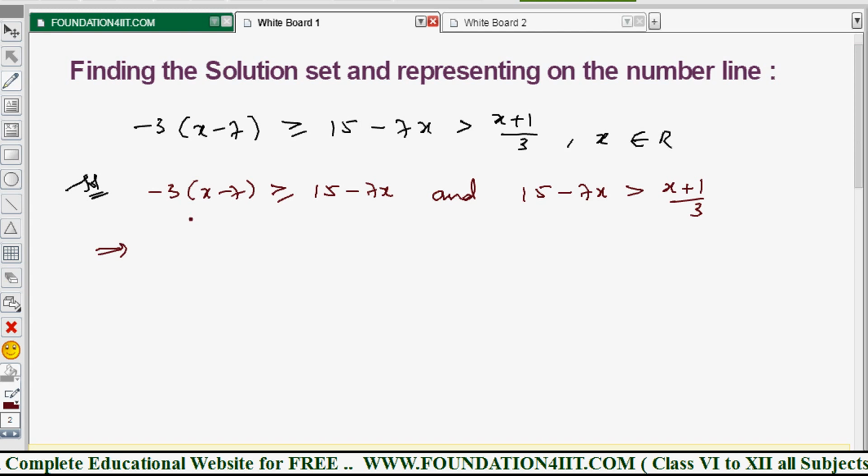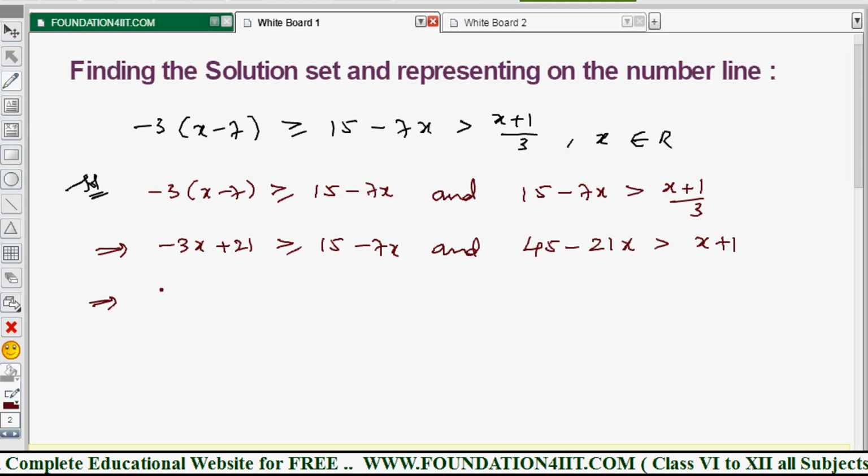To simplify the LHS of the first inequation, that is minus 3x plus 21, minus into minus is plus, greater than or equal to 15 minus 7x. And from this, 3 is dividing, so take it to the left side, where it multiplies. So 3 into 15 is 45 minus 7 times 3, that is 21x, greater than x plus 1 remaining. Same, x belongs to real numbers throughout the question.